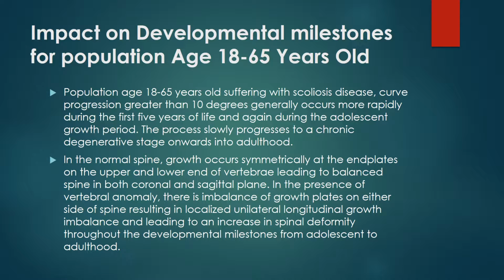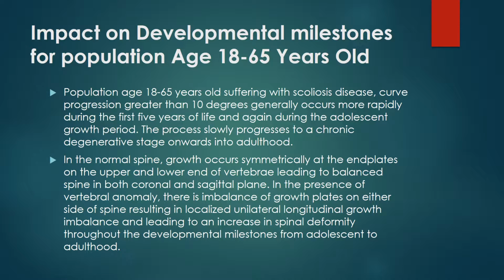Curve progression greater than 10 degrees generally occurs more rapidly during the first 5 years of life and again during adolescence growth period. The process slowly progresses to a chronic degenerative stage onwards into adulthood or adult development stages. In the normal spine, growth occurs symmetrically at the end plates on the upper and lower end of the vertebrae, leading to balanced spine in both coronal and sagittal plane.